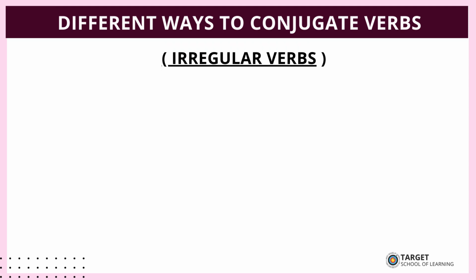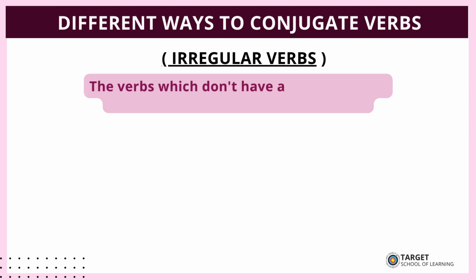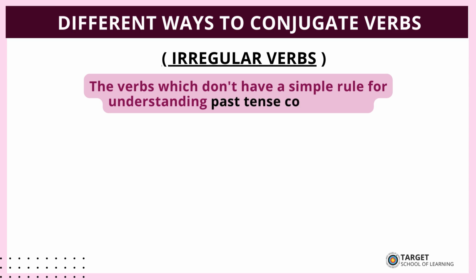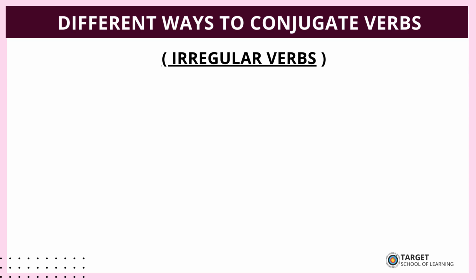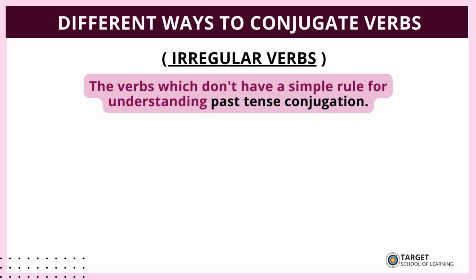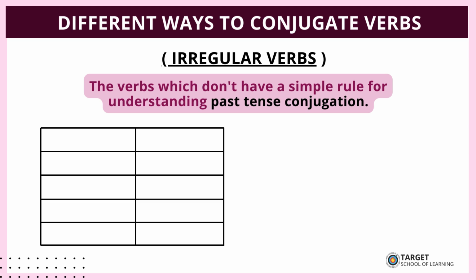Coming to irregular verbs, the verbs which don't have a simple rule for understanding past tense conjugation. How to change them? There is no specific rule. You simply have to learn them by heart. Look at this table for better understanding. Eat, ate. Make, made. Drink, drank.